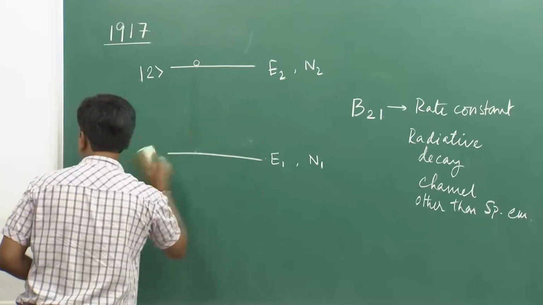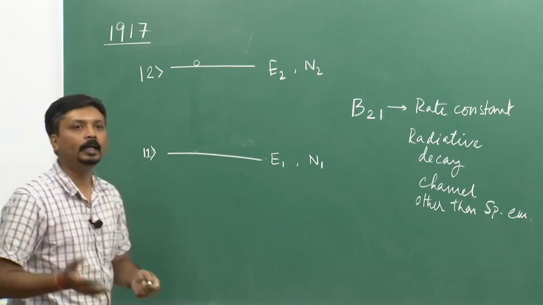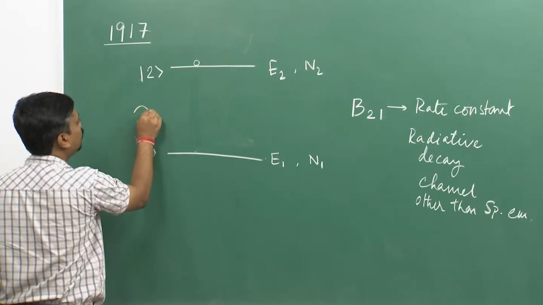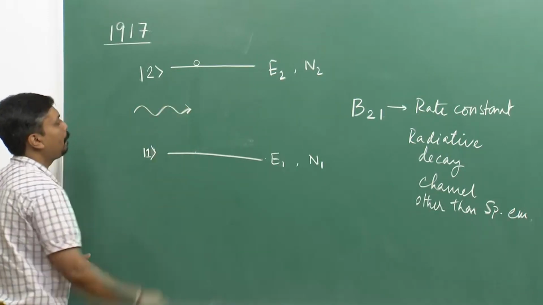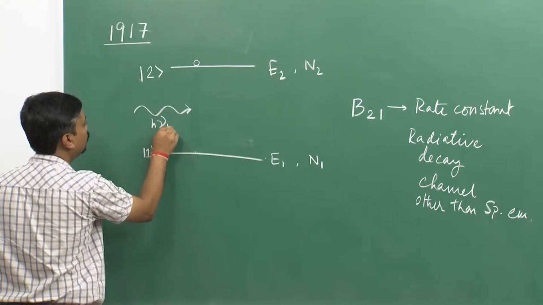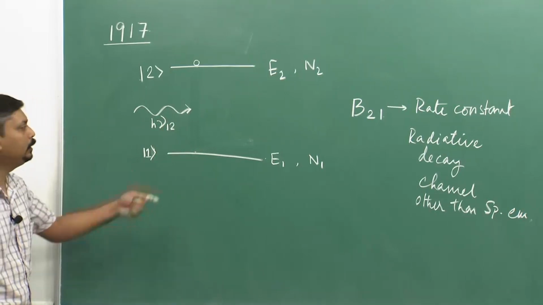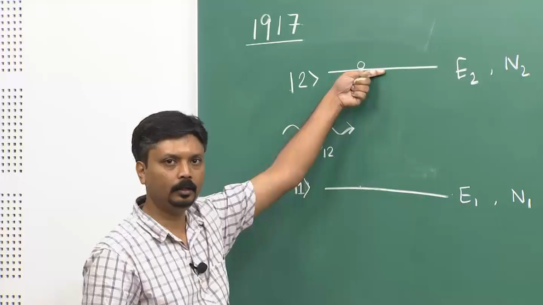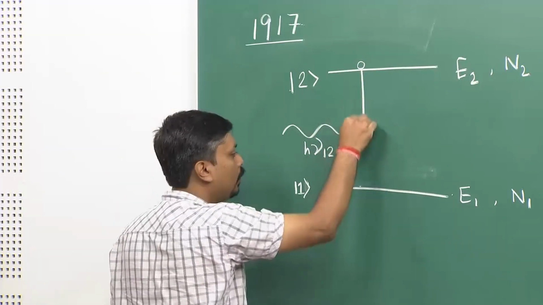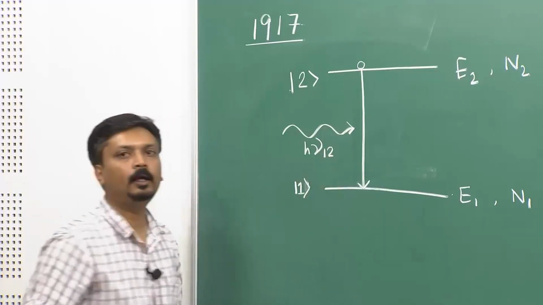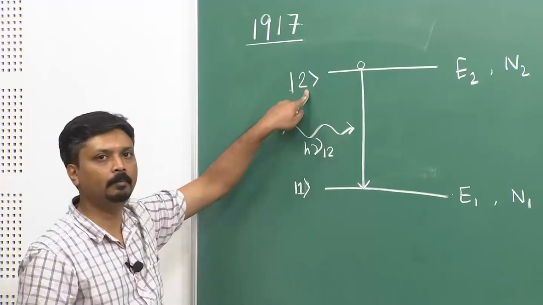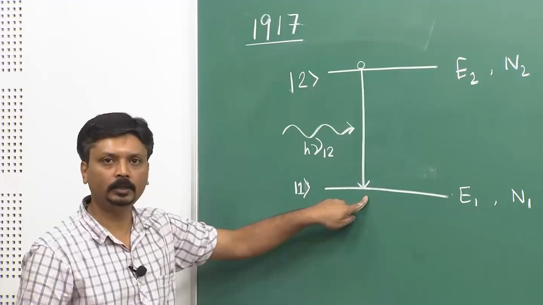Earlier we did not consider any radiation field for emission processes. Now if I consider the presence of a radiation field, and this radiation has photon energy equal to the gap of these energy levels, then this will trigger the decay of this atom at the excited energy level to the ground state.